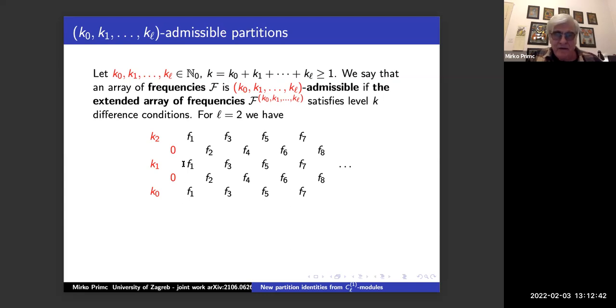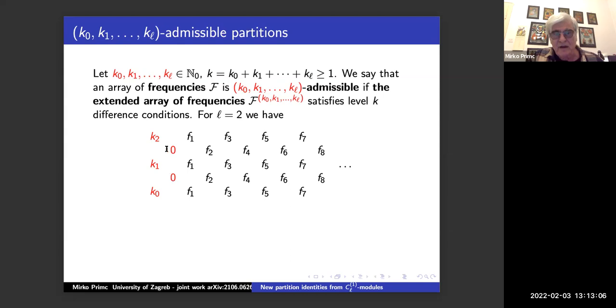So what I did is to add to these black frequencies F imaginary frequencies. So next to the rows that are reserved for even numbers, we put 0.